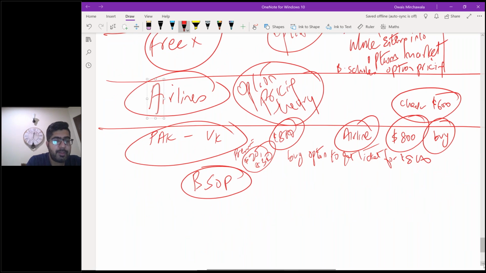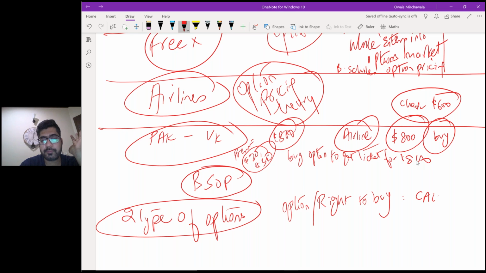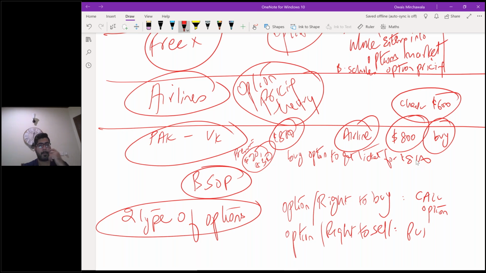Now in real market there are two types of options. If you want an option or right to buy something, this is called a call option. And if you are taking an option or right to sell something, this is called a put option.